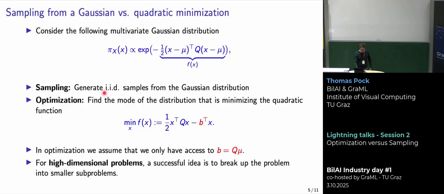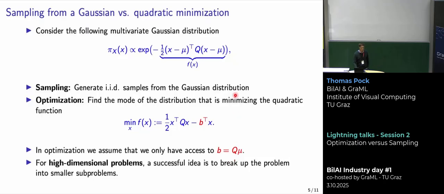Sampling means generate IID samples from this high-dimensional Gaussian, and optimization means solving the mode of this Gaussian. This is a bit a boring problem because the mode is mu. Therefore, in optimization, we assume the mode somehow is hidden in this right-hand side term b here, which is Q times mu. Because if you know mu, then optimization is trivial.